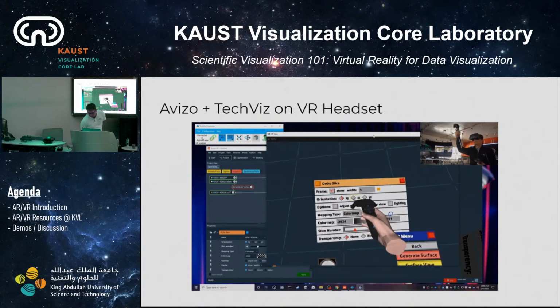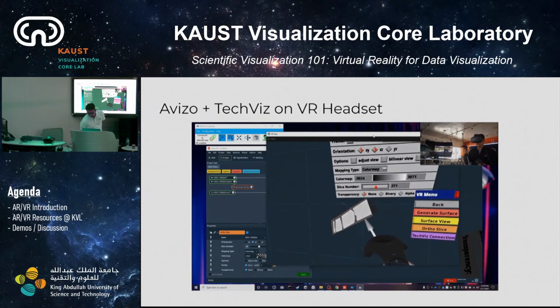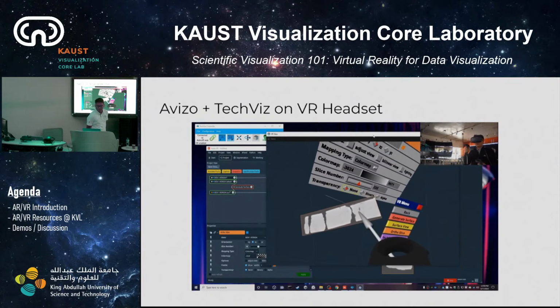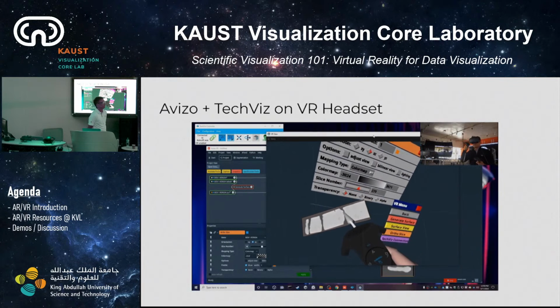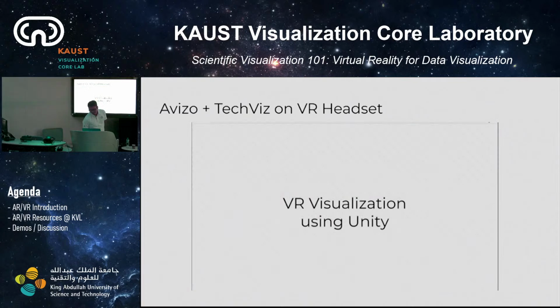For example, here we can change the slice orientation. So just keep in mind that you can use any of Aviso's visualization modules directly in virtual reality. Next, we will take a look at how we can use the Unity game engine for VR visualization.